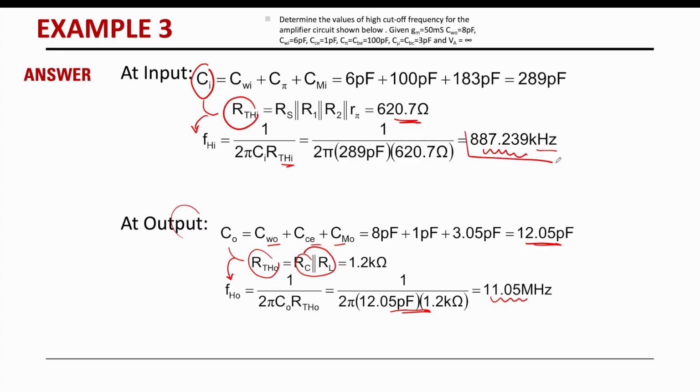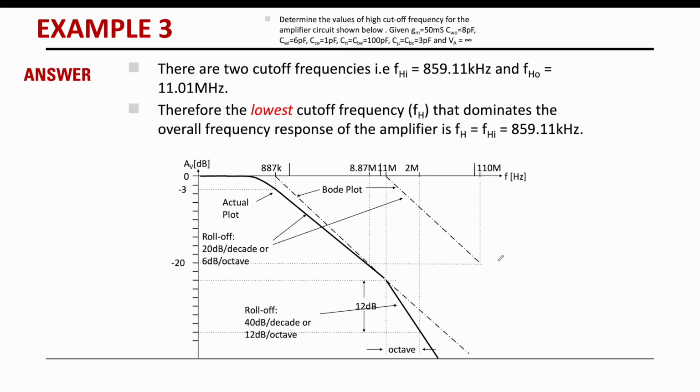So now you have two values, 887 kilohertz and 11.05 megahertz. Based on these two values, there are two cut-off frequency values, FHI equals 859.11 kilohertz, and FHO equals 11.01 megahertz.